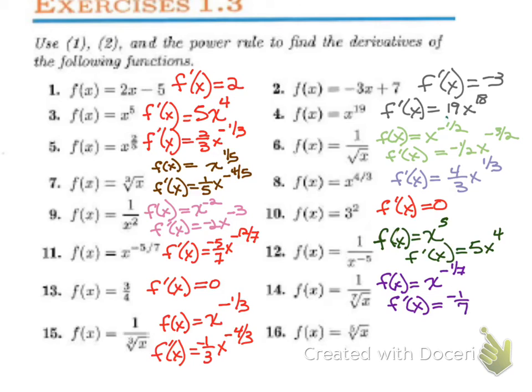F prime of x equals negative 1/7 x to the negative 8/7. And the last one on our little list needs to be rewritten. So f of x equals x to the 1/5. So f prime of x equals 1/5 x to the 1/5 minus 5/5, which is negative 4/5.